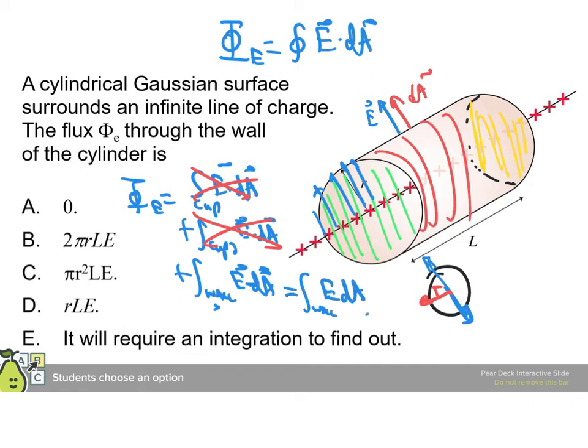I've run out of good room here. Let's go down here. So this integral, the flux now is, I can bring the E out, and now I just have the area of the wall.